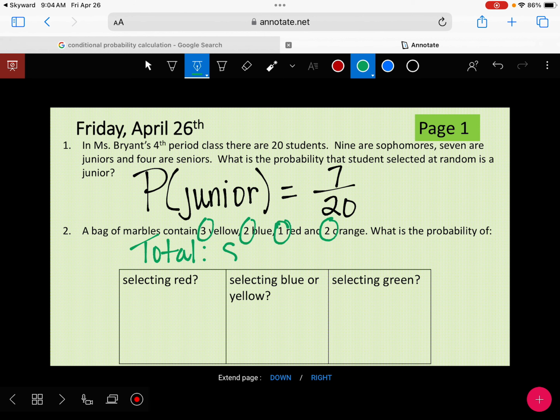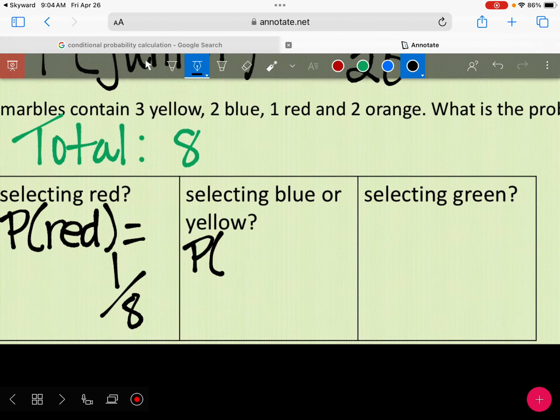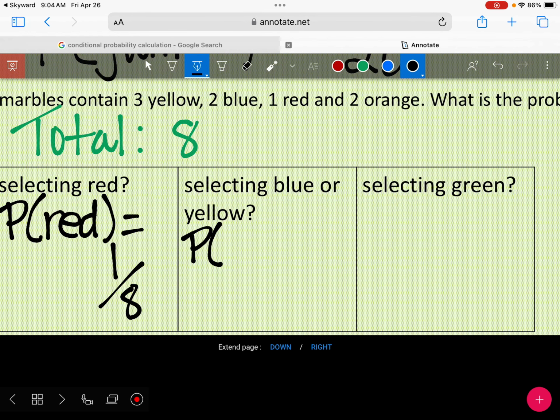Okay. So the probability of getting a red, so probability of red would be how many over 8? 1 out of 8. Probability of blue or yellow, we're going to practice with the or notation.